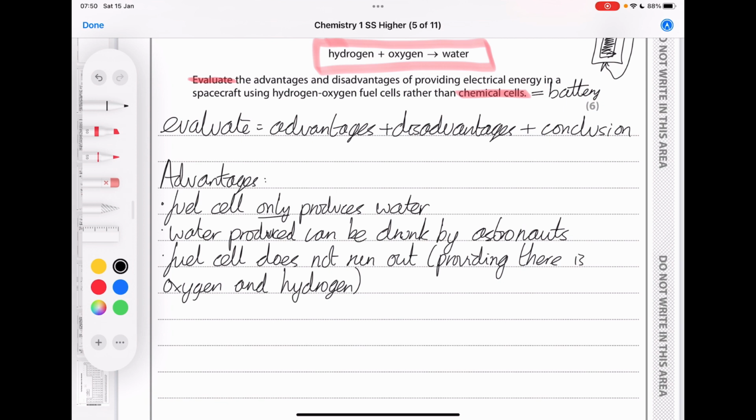This point, hydrogen is rocket fuel. You're going to need it anyway. Oxygen, you need to burn the hydrogen and for the astronauts to breathe, and therefore you're going to have loads of them. The fuel cell does not run out, unlike a chemical cell.